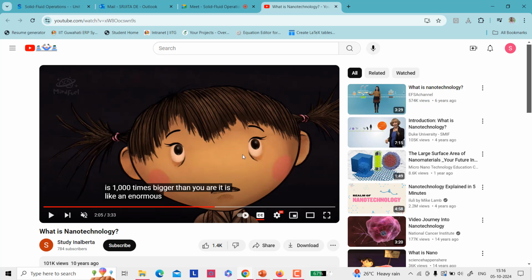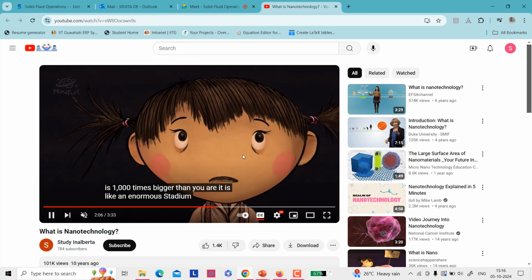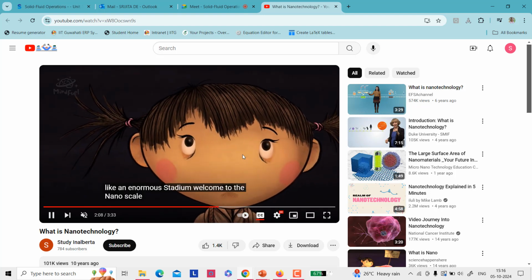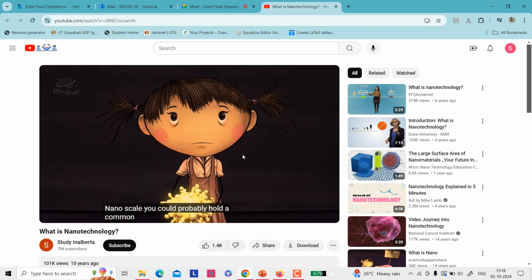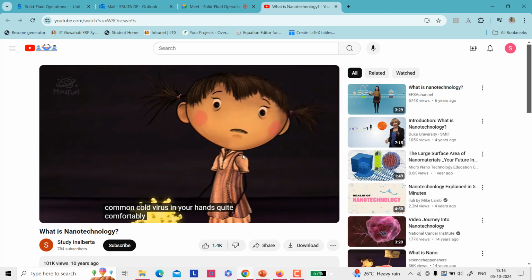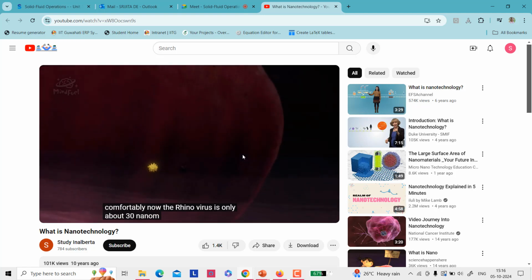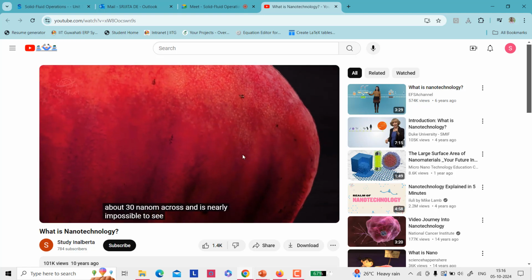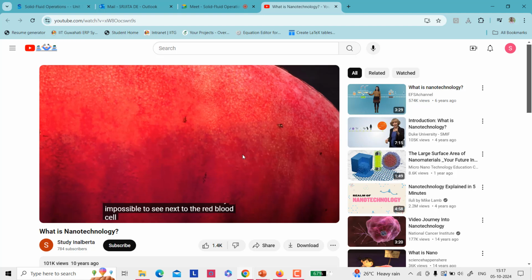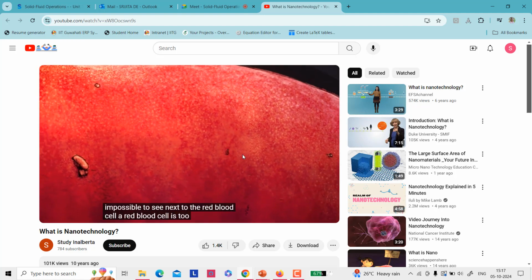Welcome to the nanoscale. You could probably hold a common cold virus in your hands quite comfortably. Now, the rhinovirus is only about 30 nm across and is nearly impossible to see next to the red blood cell, and the red blood cell is too big to be considered nano. However, it's made up of all kinds of nanomaterials.